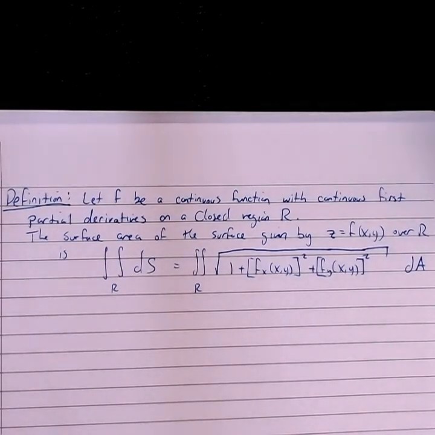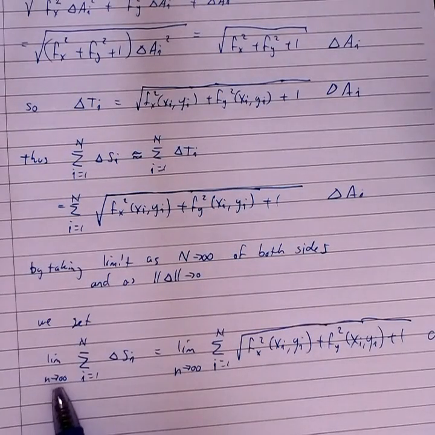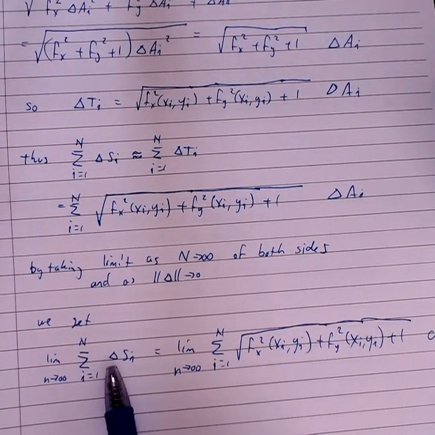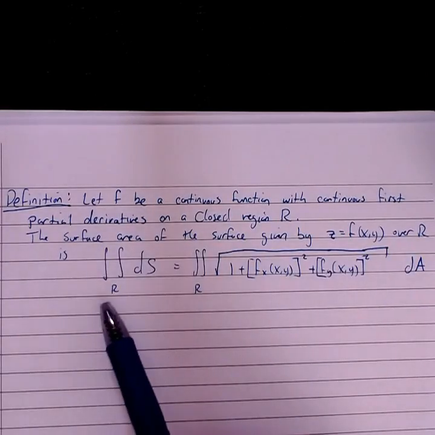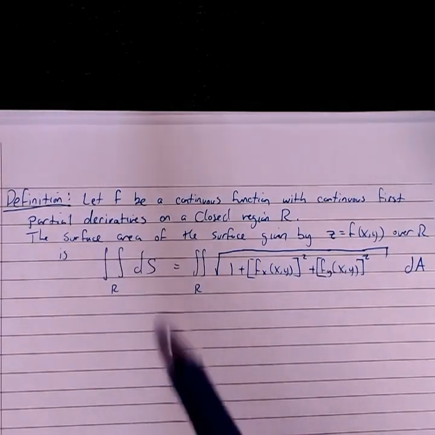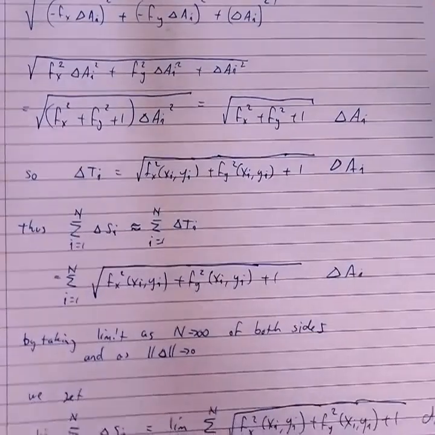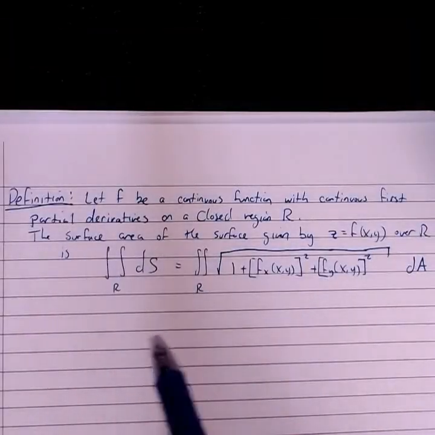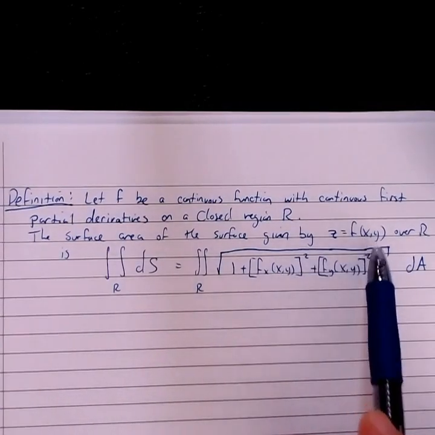That's basically the left-hand side of this right here. If you take the limit as n approaches infinity of the sum of delta s's, that gives you the double integral of dS. That's our notation for writing this limit as an integral, in this case a double integral, since your domain is over two variables.